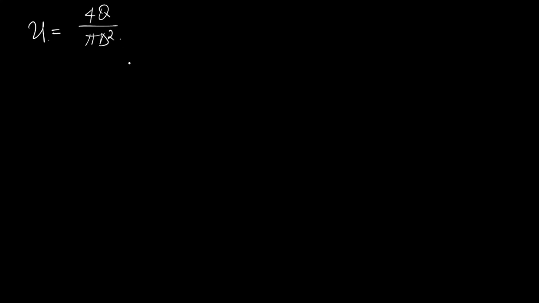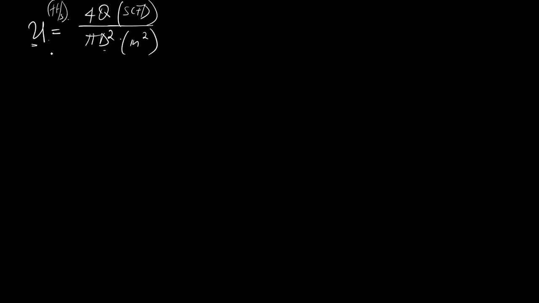Now, if you check, the unit of this flow rate is standard cubic feet per day, while the diameter is in inches, so we say inch square. The unit for the velocity is meant to be feet per second.